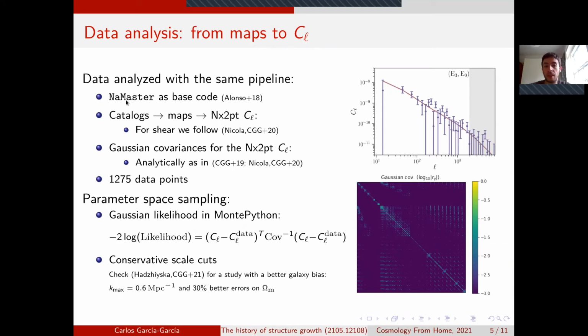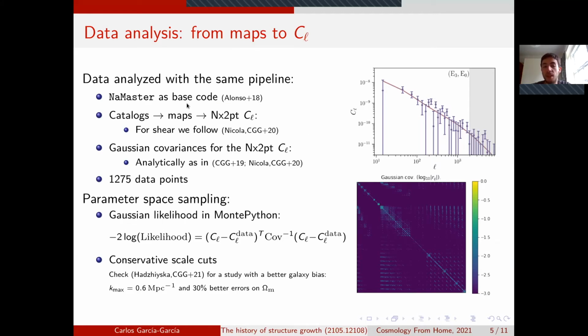The base code is NaMaster, which is in charge of computing the correlations of the maps from the maps of the different fields, and also the Gaussian covariances of the different power spectra. The pipeline starts from the catalogs. We download the catalogs and apply the same cuts as in the collaborations. Then we produce some maps that we feed to NaMaster, which will return us the power spectra of the different tracers.